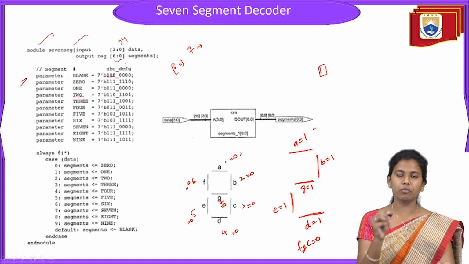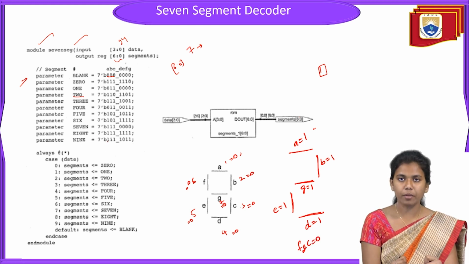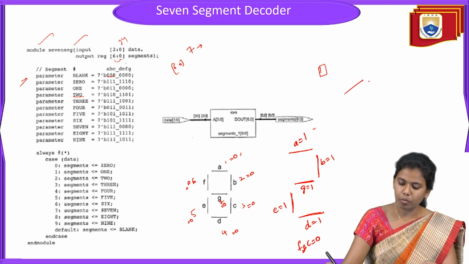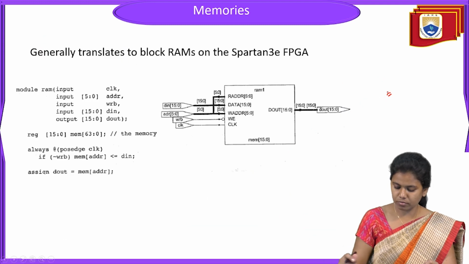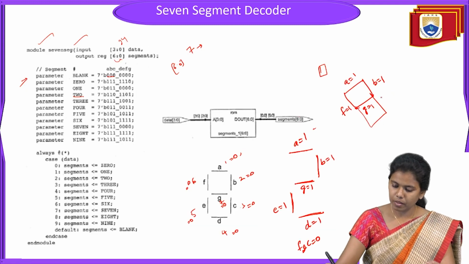And for example, if I want to go for the 8, it means A equals 1, B equals 1, G equals 1, F equals 1, C equals 1, D equals 1 and E equals 1.